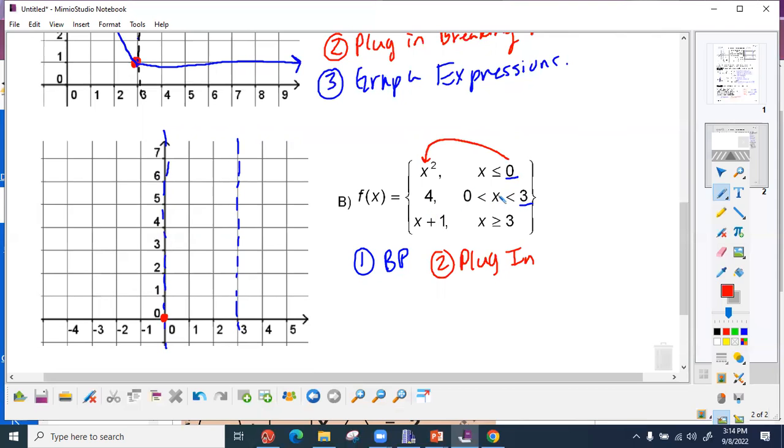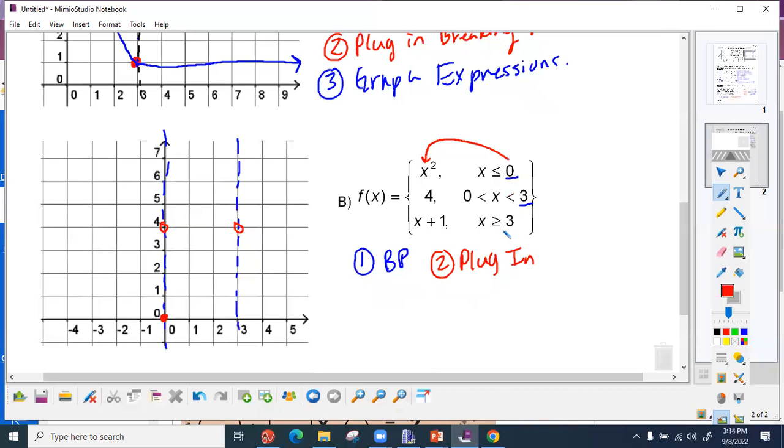At 0, is it open or closed? Open, because it says strictly. And at 3, what is it? It's also open. And these are going to be connected in a moment, but all we're doing is plugging in our breaking points.